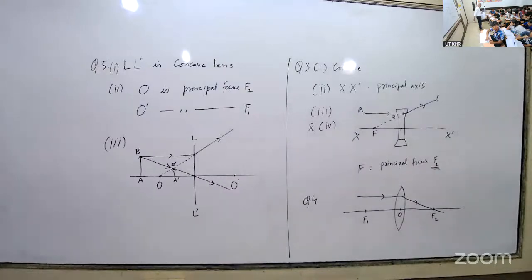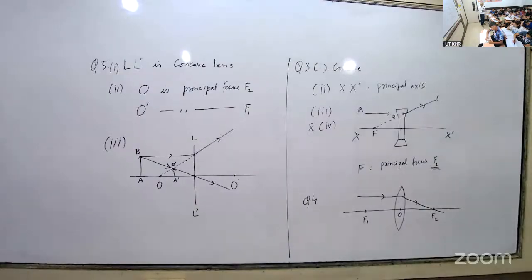Tell three characteristics of the image. What are the three characteristics of the image? Look at the object and look at the image. Look at how the object is and how the image is. Virtual and direct.